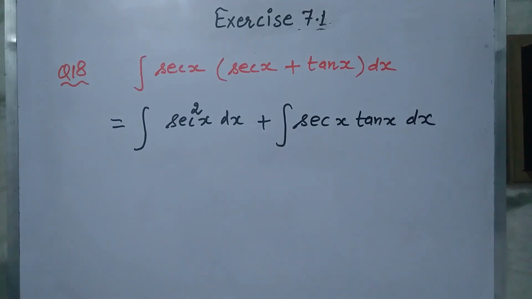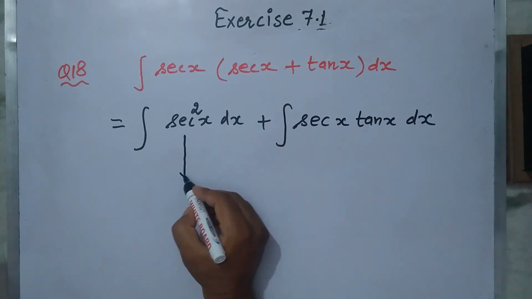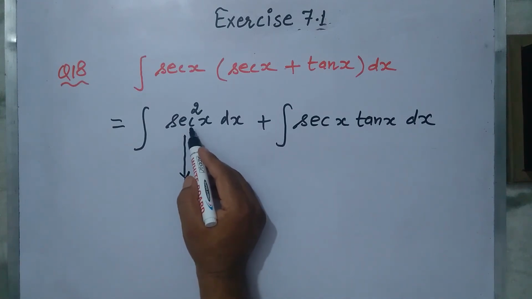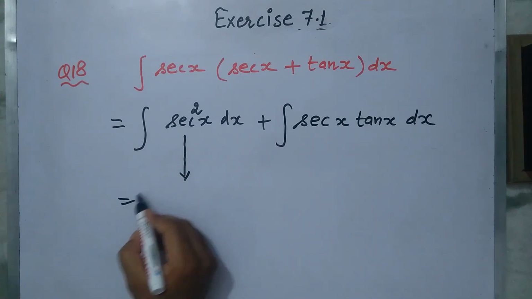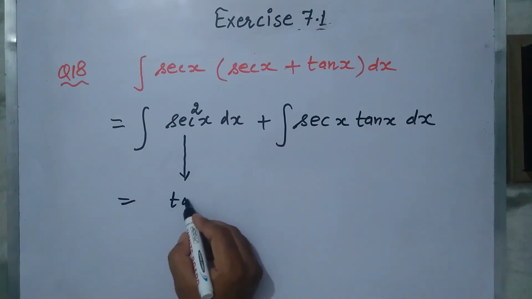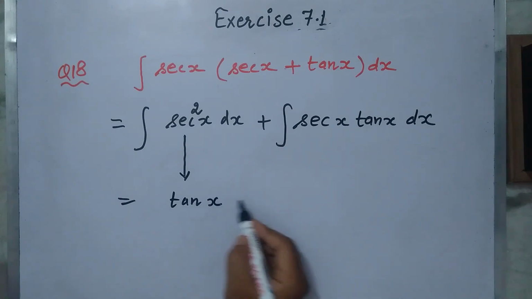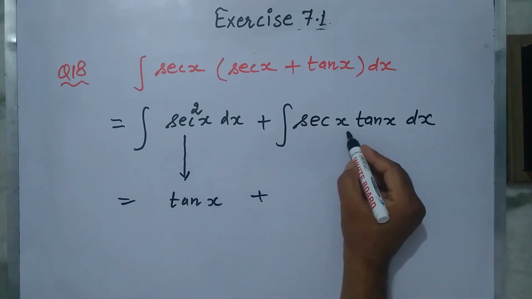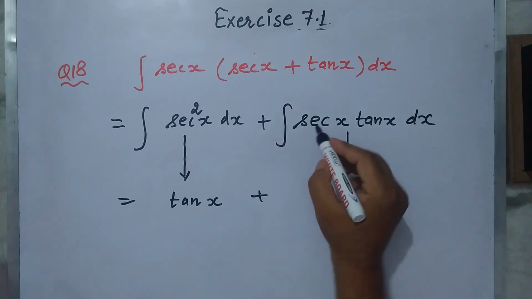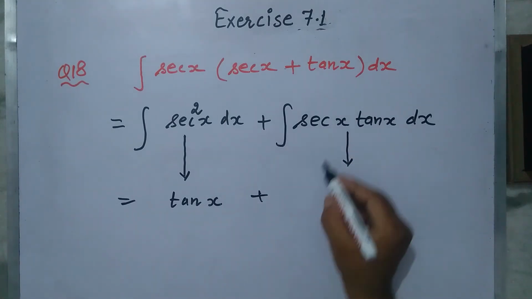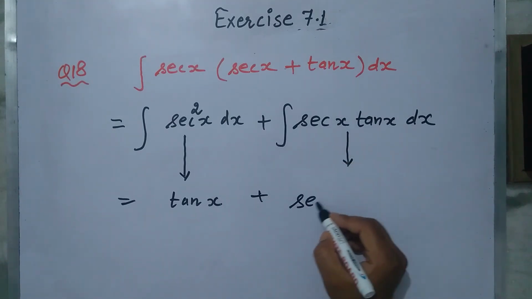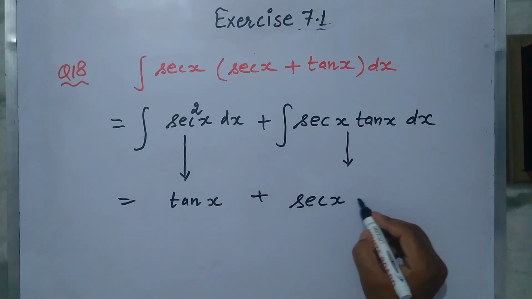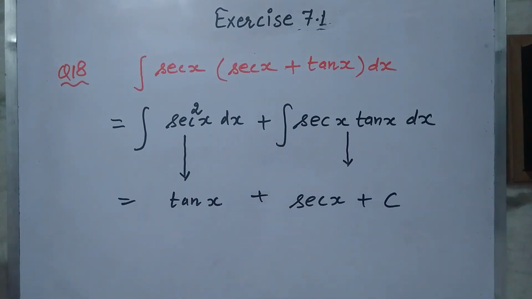So this is the derivative of tangent x. So answer will be tangent of x plus, this is the derivative of secant of x. So answer is secant of x plus c is the final answer.